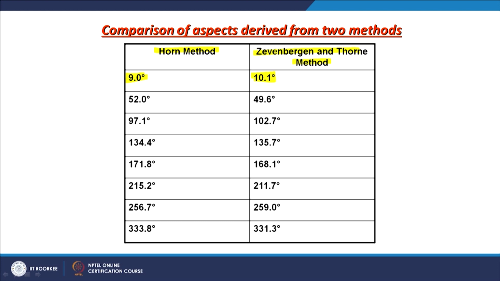Some variations you can observe, like in the west or northwest direction, here 215 and 211, 256 and 259, 333 and 331. In the slope maps the variations were much larger as compared to the aspect maps created using the two methods.